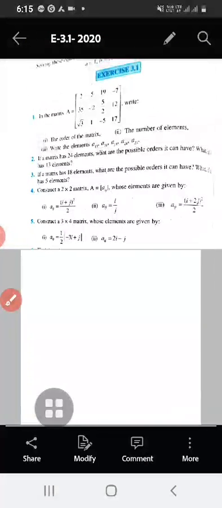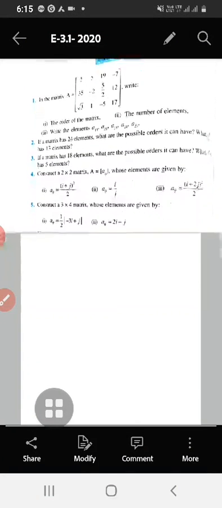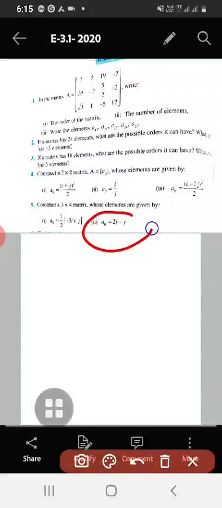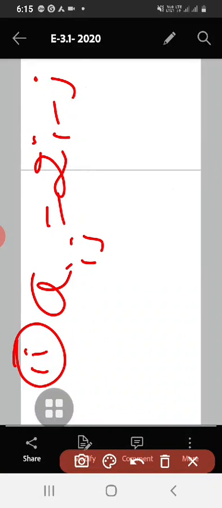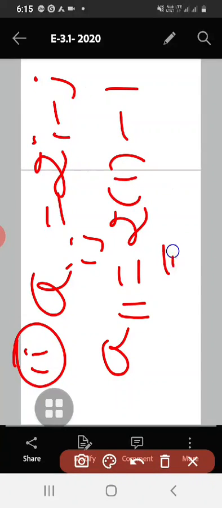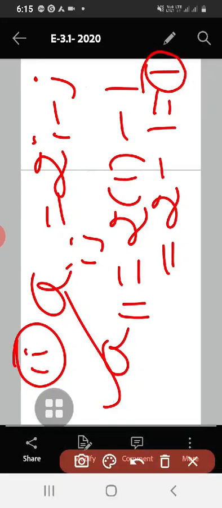See here. I will take up this second example. aij is equal to 2i minus j. Let us work out A11. 2 into 1 minus 1, that is 2 minus 1, so A11 is 1.